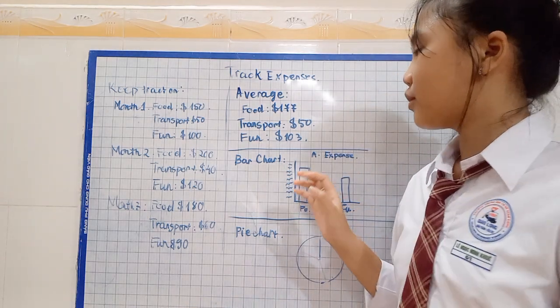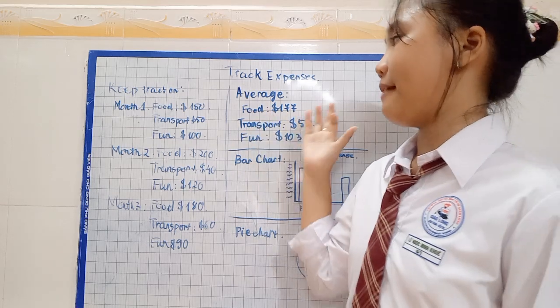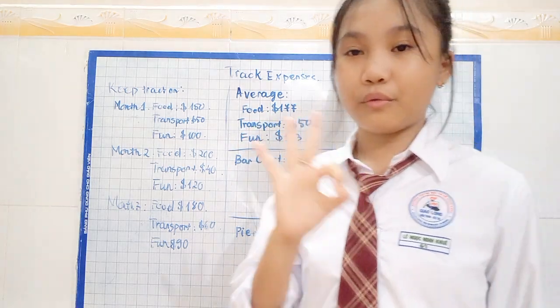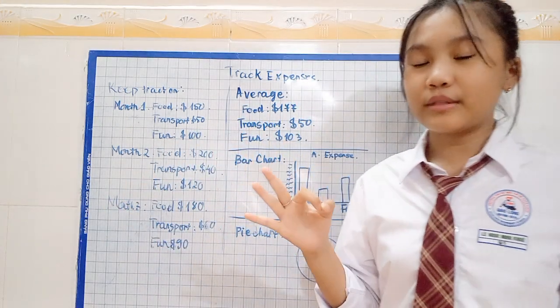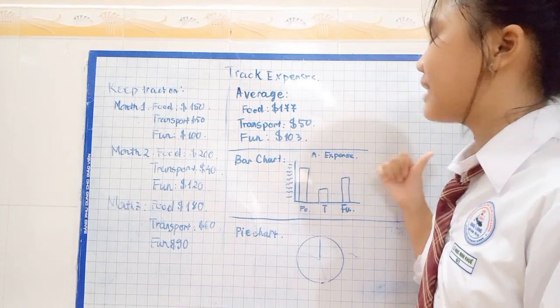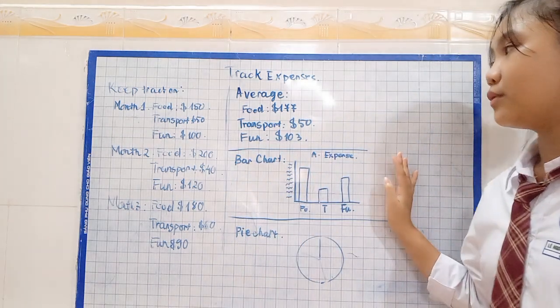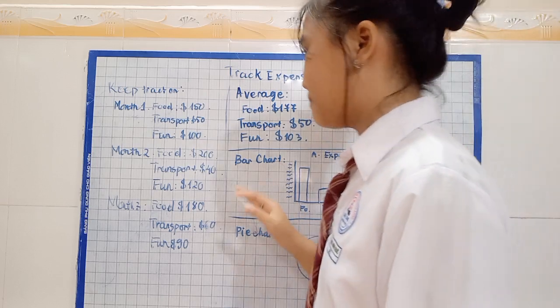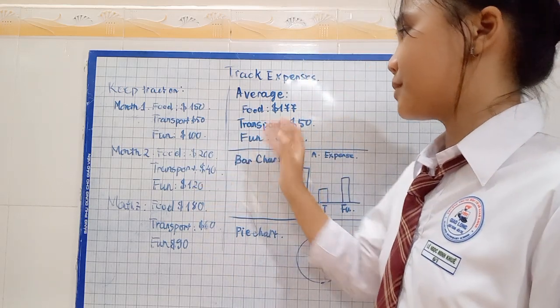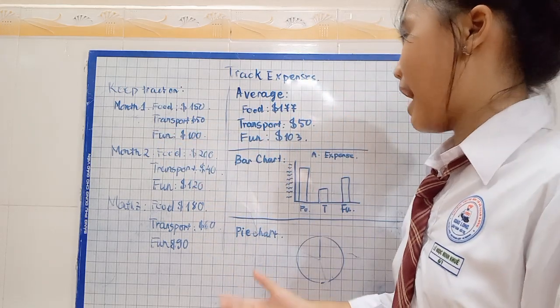First, we're going to calculate the average of each category over the 3 months. We have 3 types of average, which are mean, median, and mode, and we're going to use one type of it today. First, we calculate the average of food.